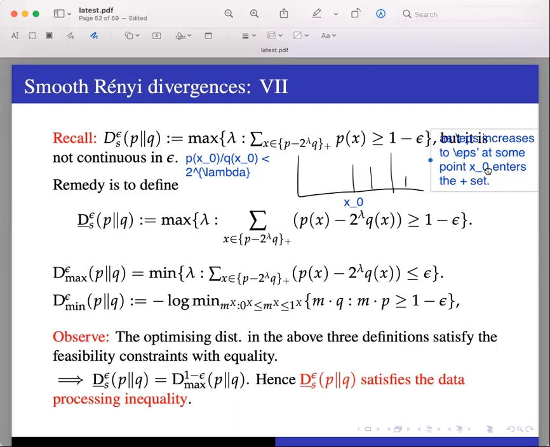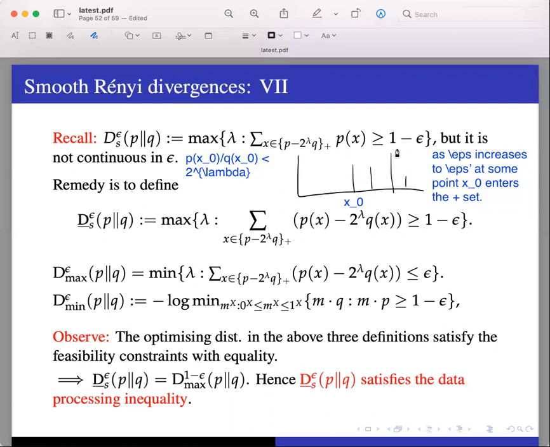So what does this mean? As epsilon increases to epsilon prime, at some point x naught enters the plus set. X naught enters the plus set means that even when I add the probability of x naught to whatever probability I had earlier, it will be greater than or equal to 1 minus epsilon prime.